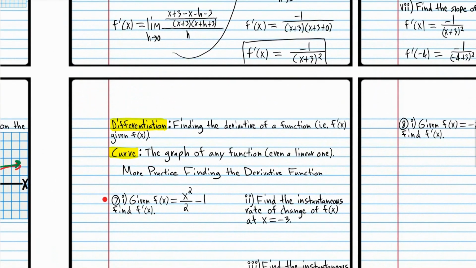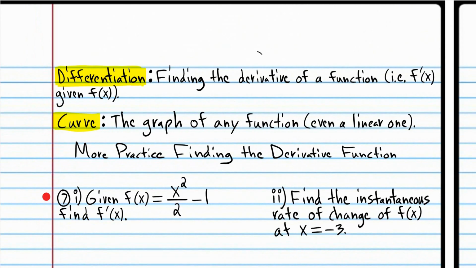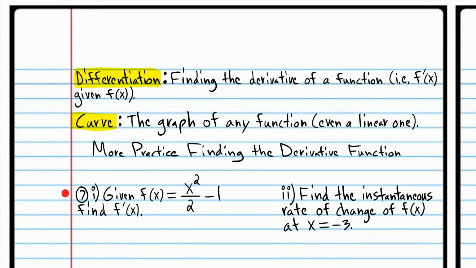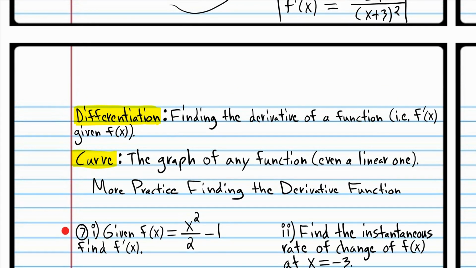So we're going to learn a new word. When we find the derivative of a function, that's referred to as differentiation. This is the noun version of the word. The verb version would be differentiate. So when we find the derivative of the function, we differentiate the function.